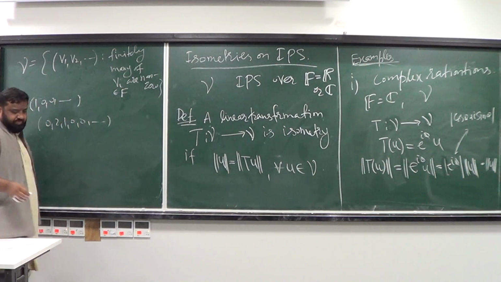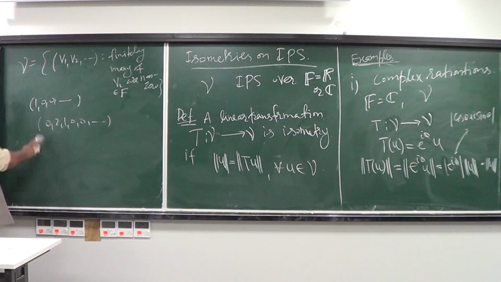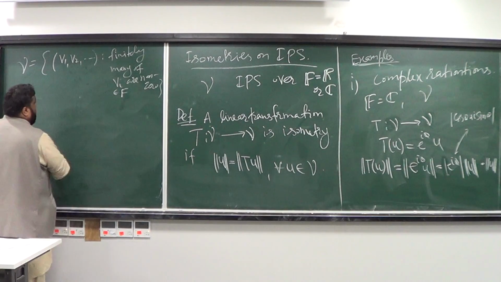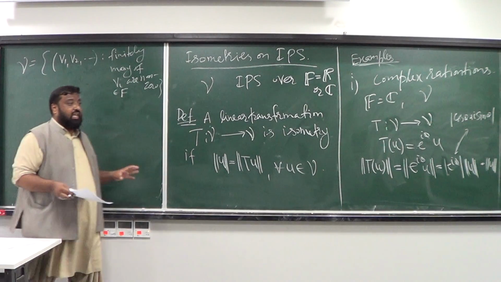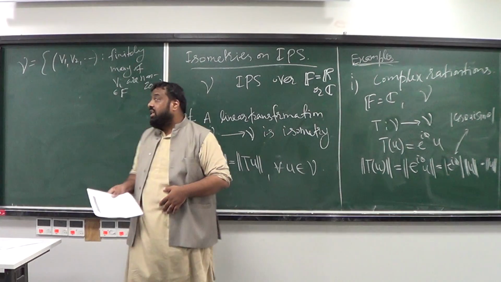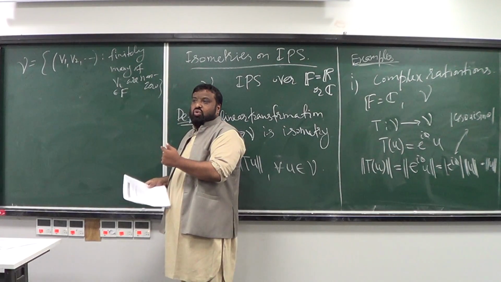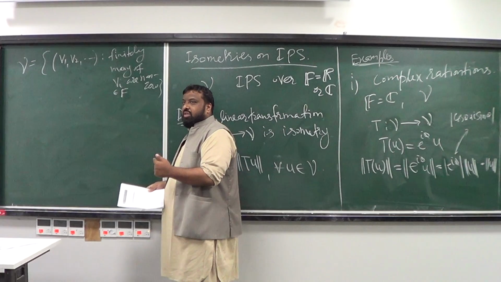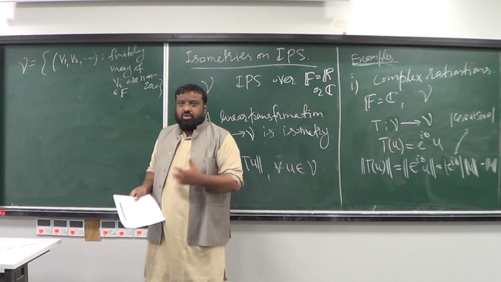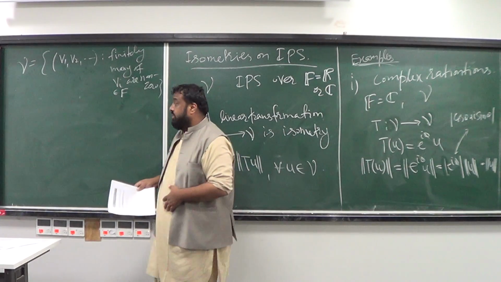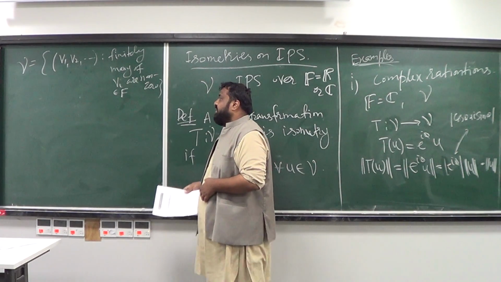Then we know that this becomes a vector space, and you can also define an inner product on it, and it becomes what we call an inner product space as well actually. I'm not getting into the detail of how you can show that this is an inner product space, like we talked about it when we were doing our chapter on inner product spaces, so you can refer to that.